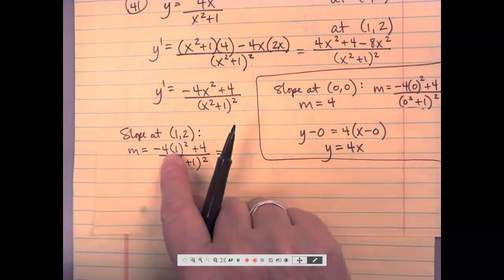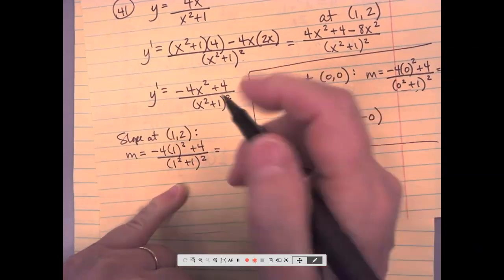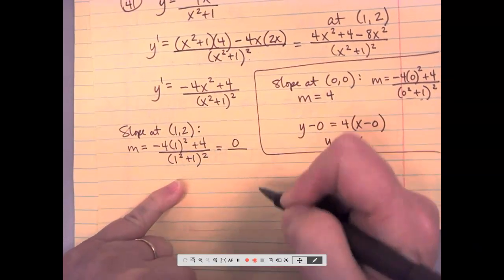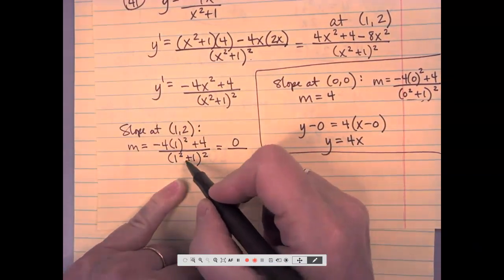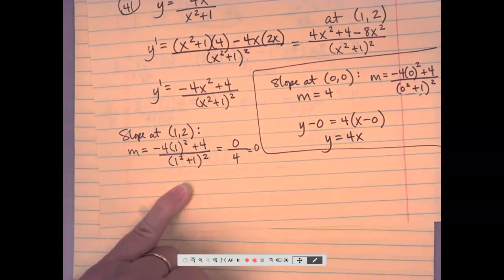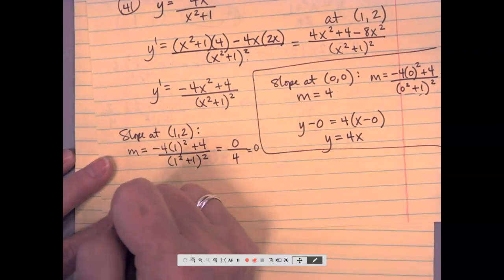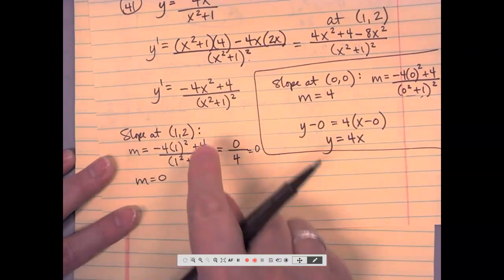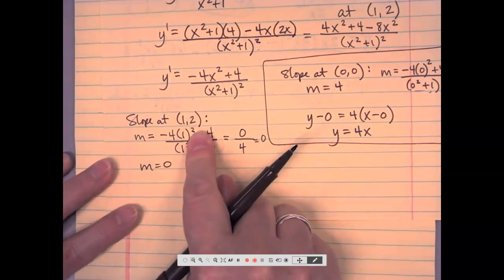Okay, that's negative 4 plus 4, which is 0. Doesn't really matter what I get down there. 1 plus 1 is 2, and squared goes to 4, but that slope is just 0. So I have a slope of 0 going through this point.